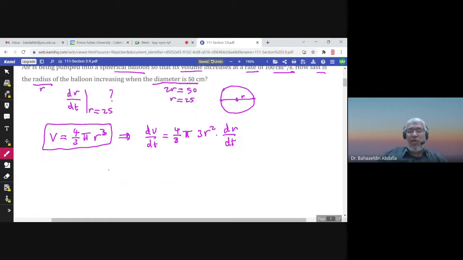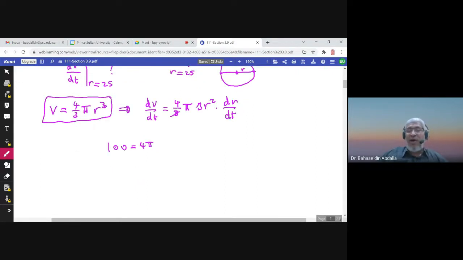So this is 100 equals 4 pi, 3 cancels with 3, 4 pi times r squared. What is r? r is 25. He said find dr by dt when r is 25. And dr by dt is wanted, it is unknown.